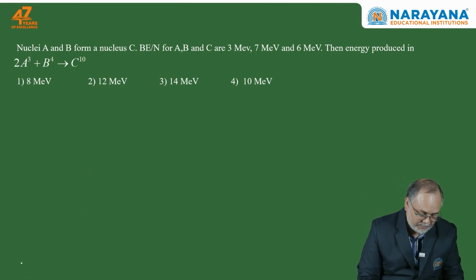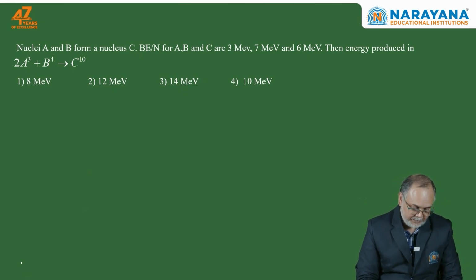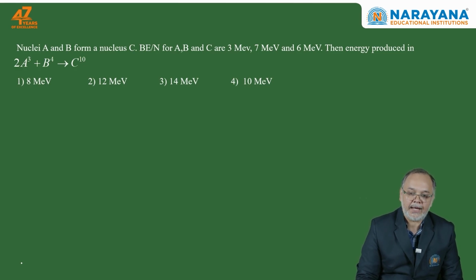Now this is the question of the nuclear physics. Given that nuclei A and B form a nucleus C, binding energy per nucleon for A, B and C are given 3 million electron volt, 7 million electron volt and 6 million electron volt. Then energy produced in the given nuclear reaction we have to find.